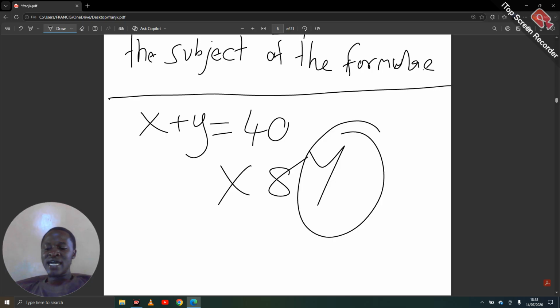Write down an expression in terms of x for the sum of the squares. Remember, sometimes take your time to read and understand a question. Write down an expression in terms of x for the sum of the squares of the two numbers.